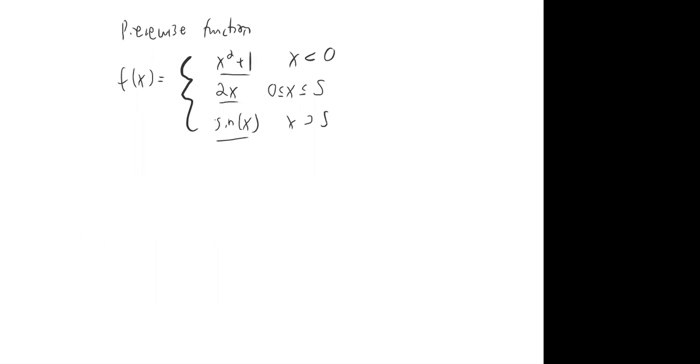The only problem is when I change functions, from this to this and this to this. These are the problematic points. So it's possible to not be continuous at, say, 0 and 5 in this case. So what you would do is say, okay, what is the limit as x goes to the left of f of x?